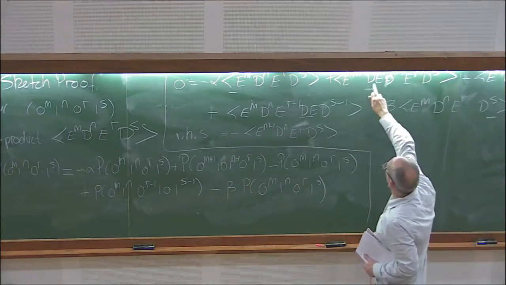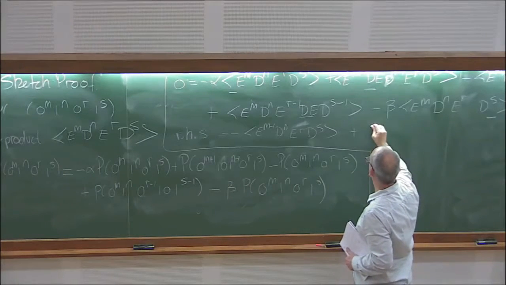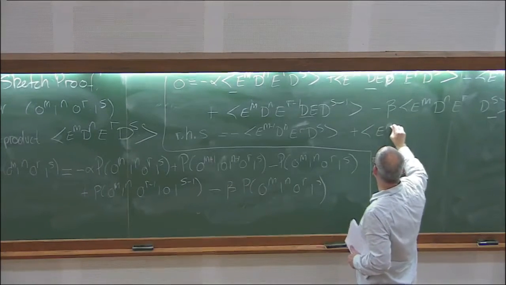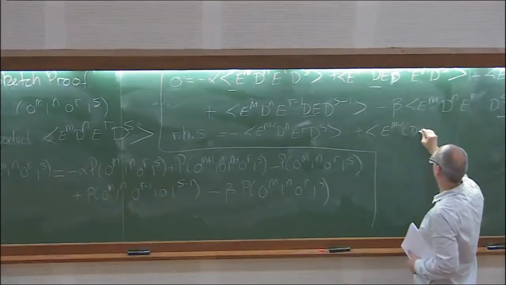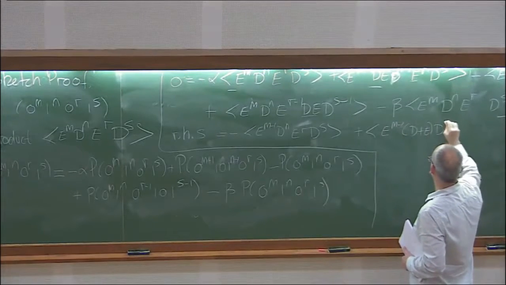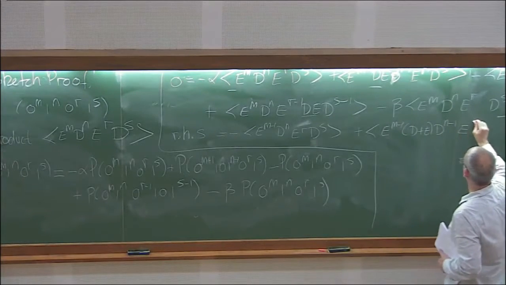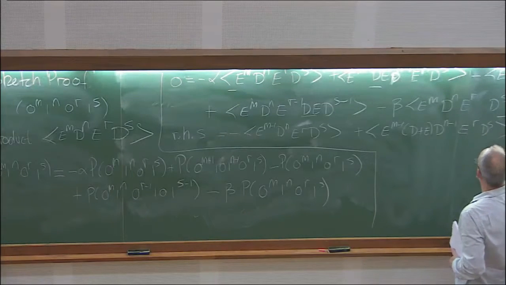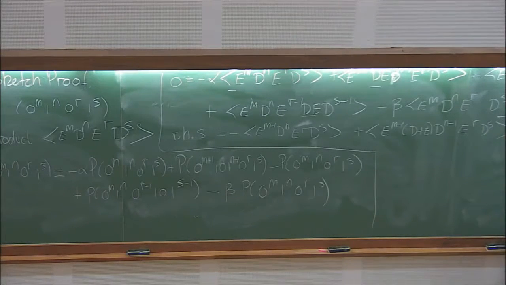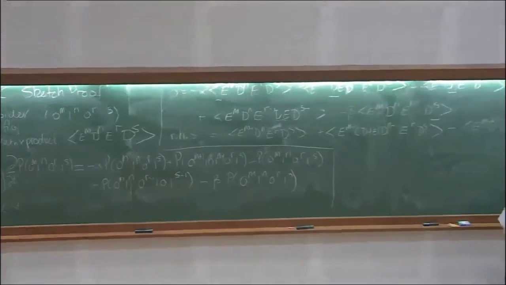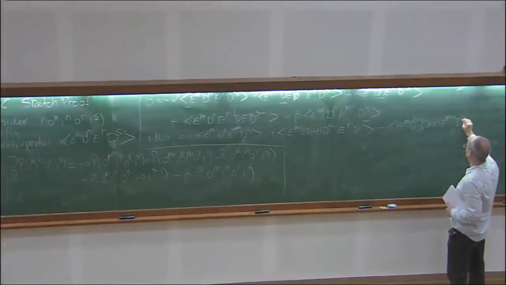So DE equals D plus E. So I have E^(m minus 1) (D plus E) D^(n minus 1) E^r D^s. Here, minus E^m D^(n minus 1) (D plus E) E^(r minus 1) D^s.